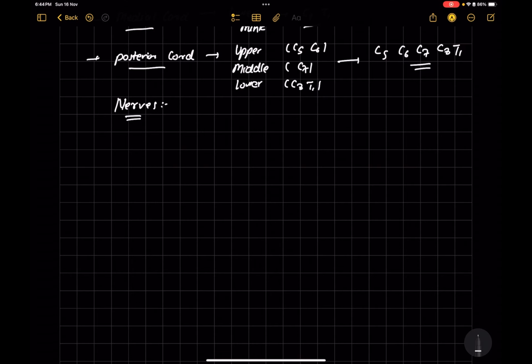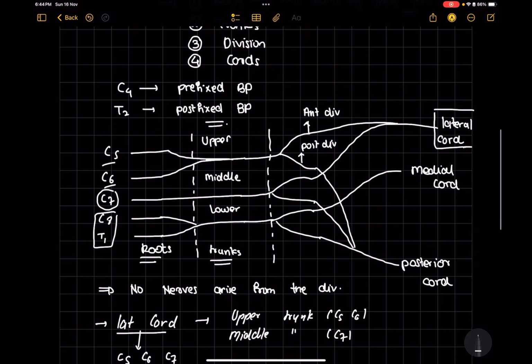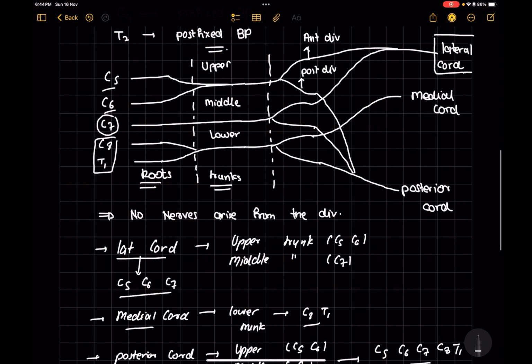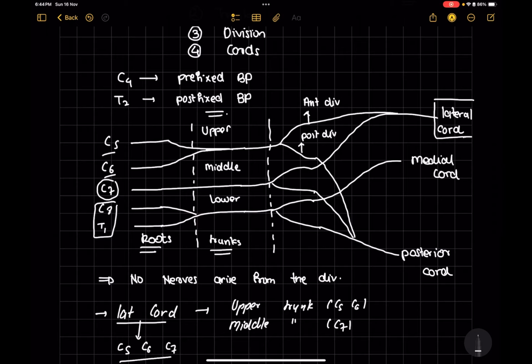You just have to mug up, and please don't draw this diagram in your exam. I will give you the diagram at the end, draw that in the exam, but please don't draw this in the exam, because I drew this in my exam and my professor gave me 0 marks. But yes, it is easy for understanding purposes.